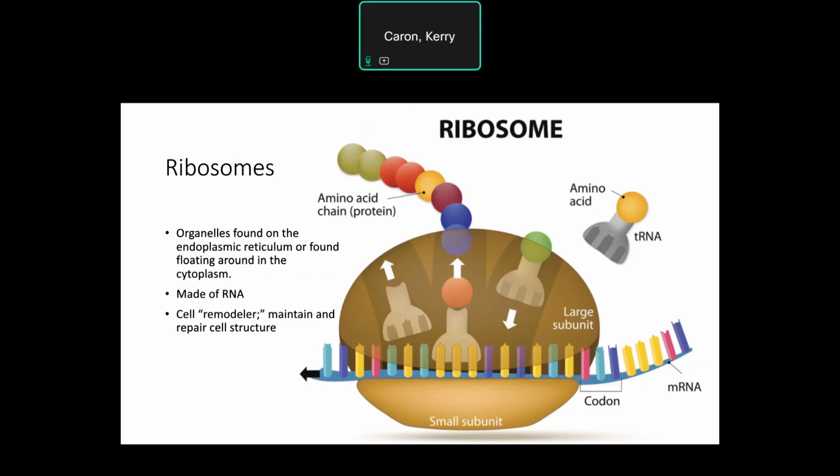Ribosomes are made of RNA, and they're a cell remodeler. They maintain and repair cell structure. So ribosomes are necessary. If they're found on the endoplasmic reticulum, which you might remember from biology, then the endoplasmic reticulum is called rough. Sometimes they're floating in the cytoplasm. Sometimes they're found on the ER, or the endoplasmic reticulum.